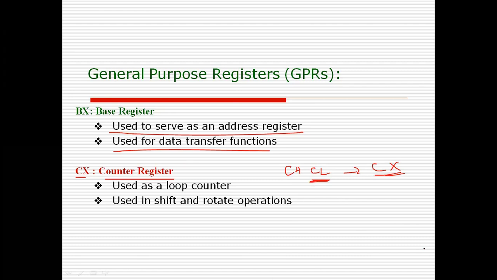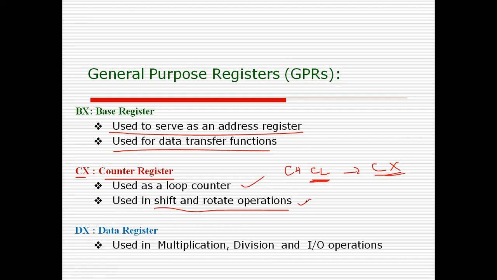While you are rotating the data, the count of how many times we want to rotate the data is referred with the CX register or the CL register here. Therefore, the CX register is used as a counter and it can be used for the shifting and rotate operations. Okay, so this is about the counter register here. And another general purpose register that you see, DX.